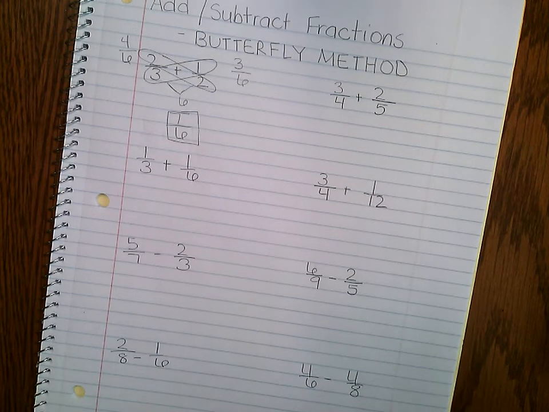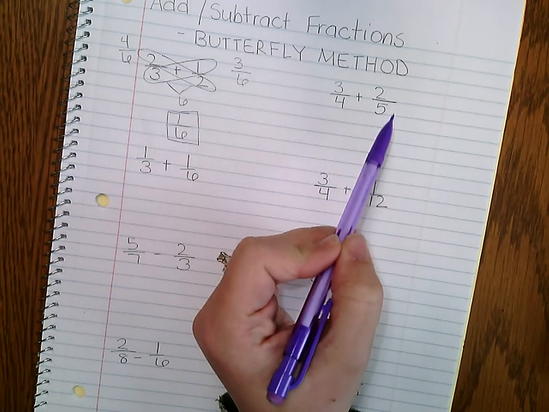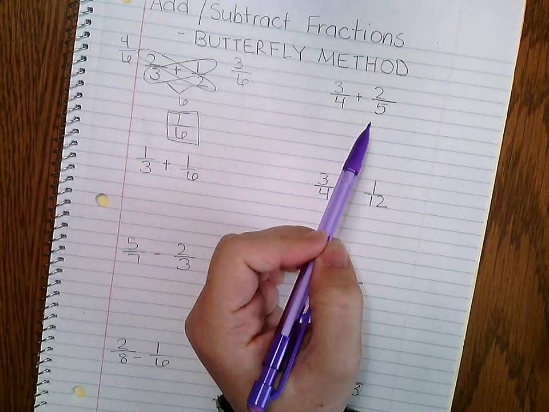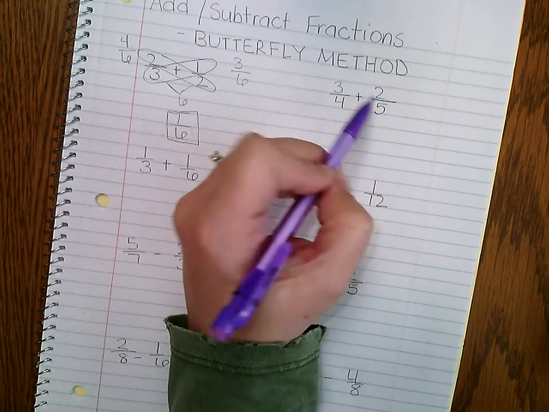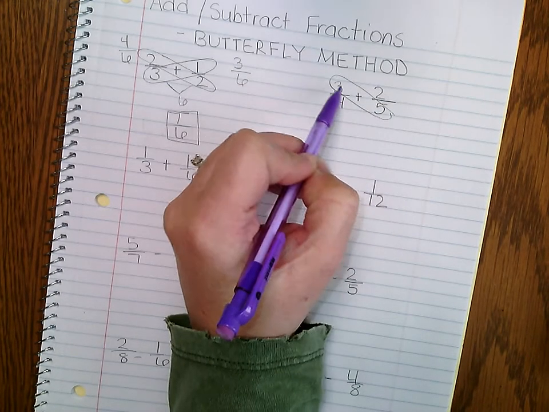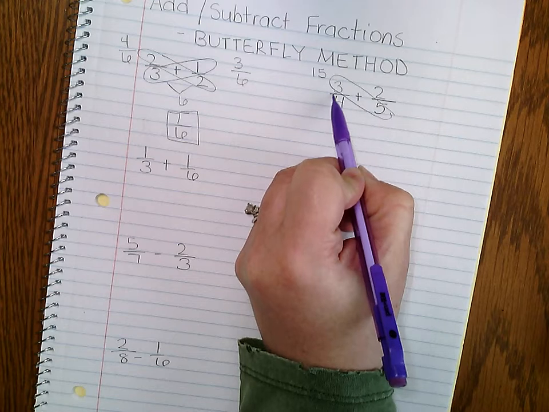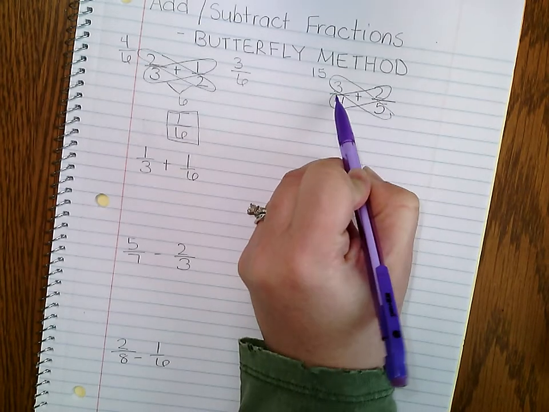Let's look at another one. 3/4 plus 2/5. They don't have the common denominator, so I have to cross multiply using the butterfly method. 5 times 3, we multiply up, is 15. 4 times 2 is 8.